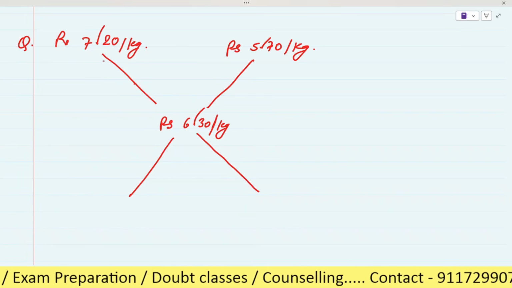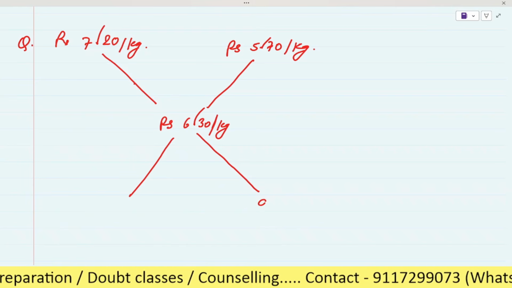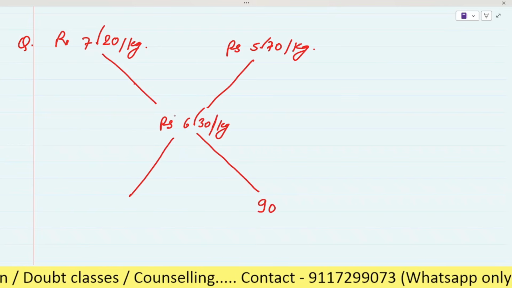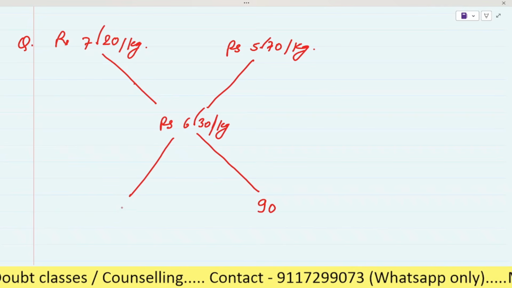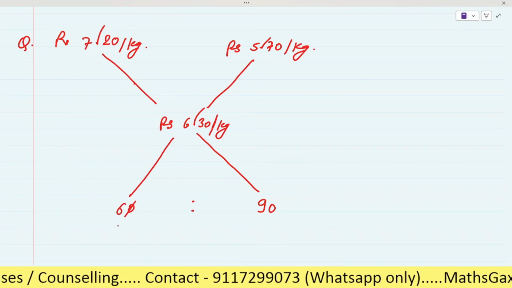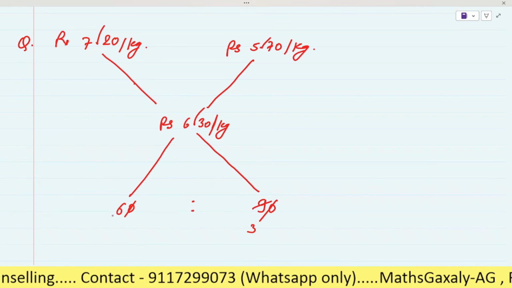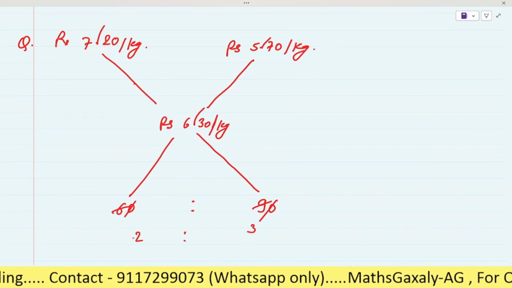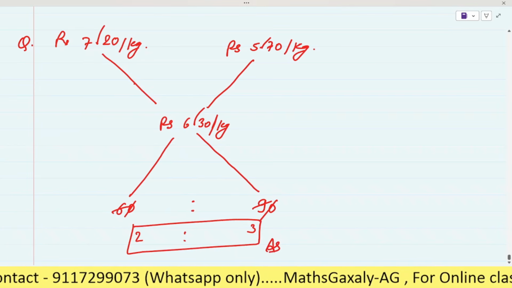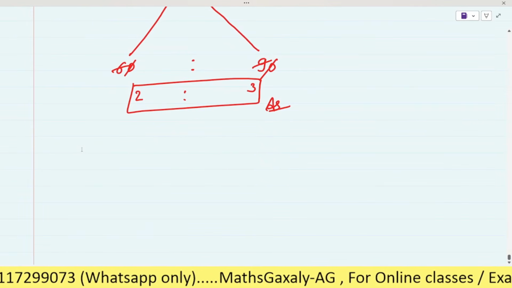Now you have to subtract 720 and 630, and here you will get 90, and 570 and 630 you will get 60, right? So this will be the ratio. 0 0 cancel. 3 3 is 9 and 3 2 is 6. So this 2 is to 3 will be the answer. Is it clear?